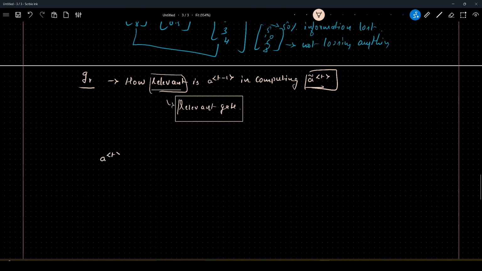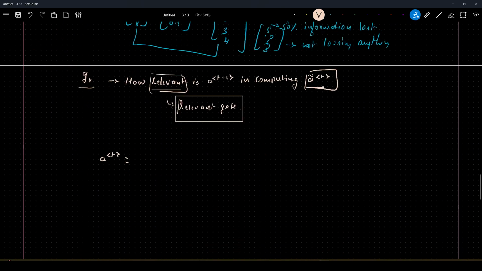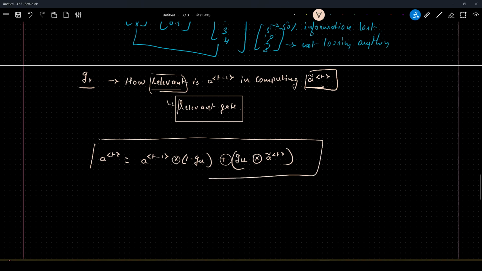AT is equal to AT minus 1 pointwise multiplied with 1 minus GU, pointwise addition, GU pointwise multiplied with A bar T. So this is our final output.